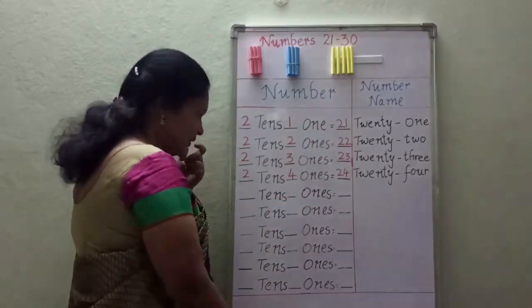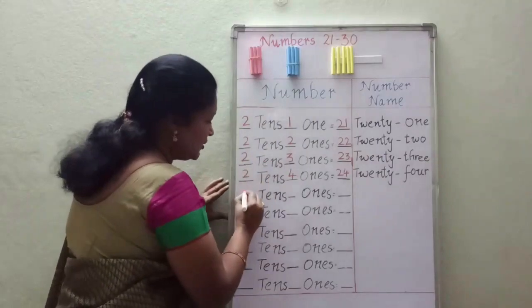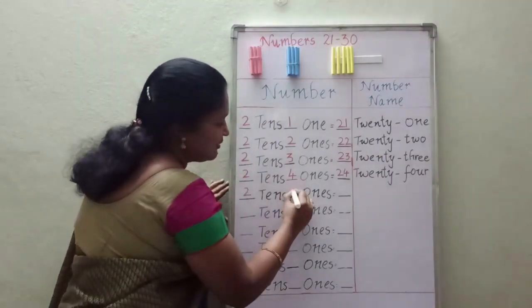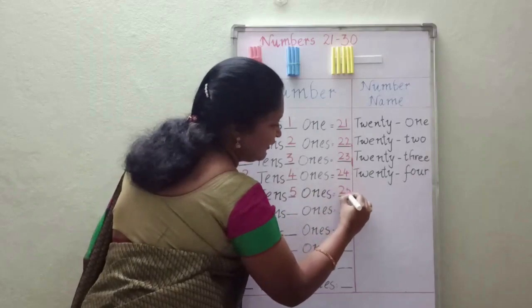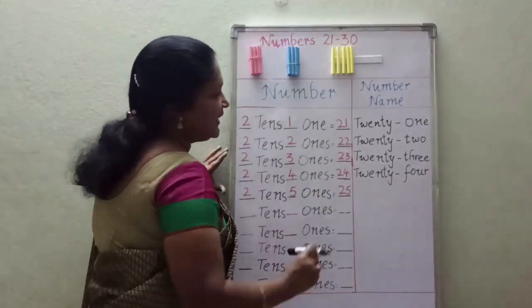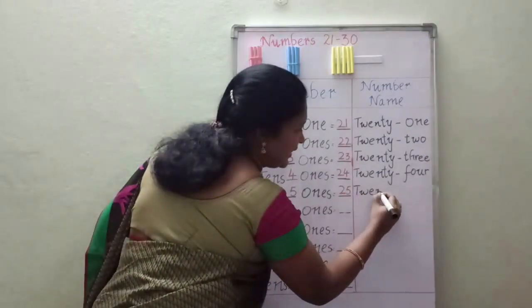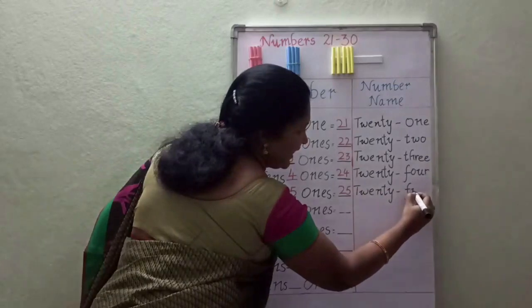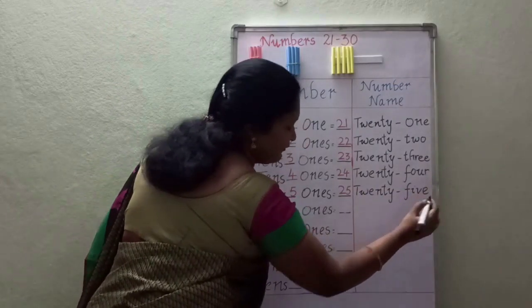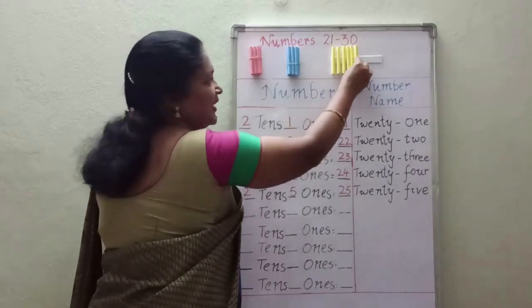Now one more. Now how many ones you got, children, here? 5 ones. And how many tens? 2 tens, 5 ones. That is 25. So what is the spelling of 25, children? TWENTY 20. FIVE 5. And now one more I am keeping here.